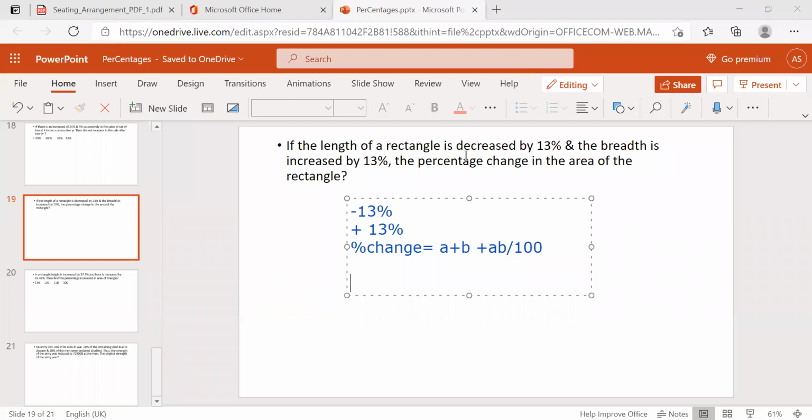The both will get cancelled. So now we have 13 into 13. That is nothing but 13 square. What is 13 square? 169. 169 by 100. It's a percentage, right? By 100. Then it's nothing but 1.69 decreases. It is not increases, it's a decrease.